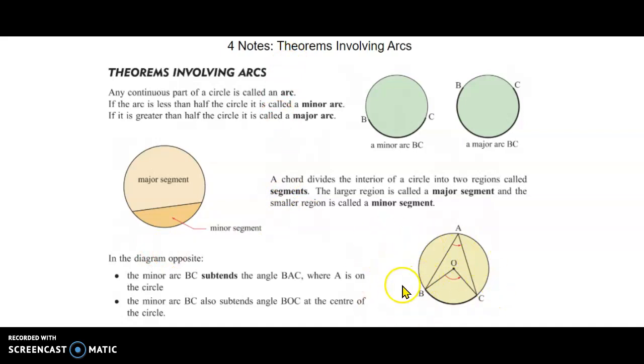It says in the diagram here, the minor arc BC, so this here, subtends the angle BAC. In other words, this arc is facing BAC. It's looking at it right here, where A is on the circle.